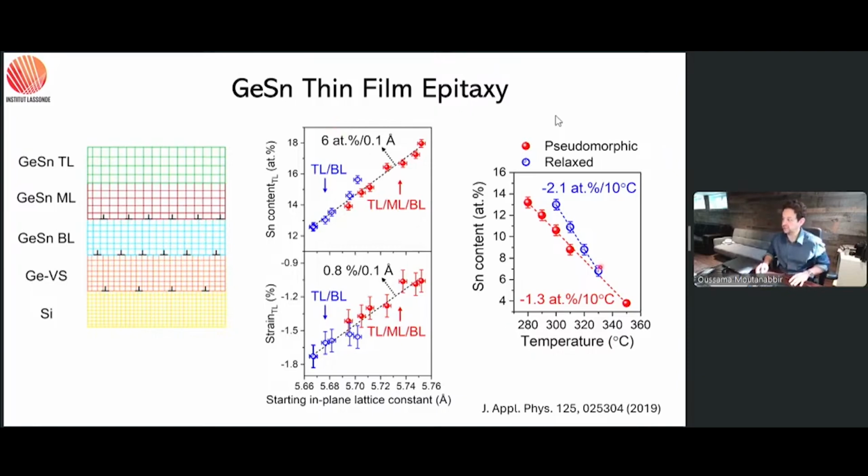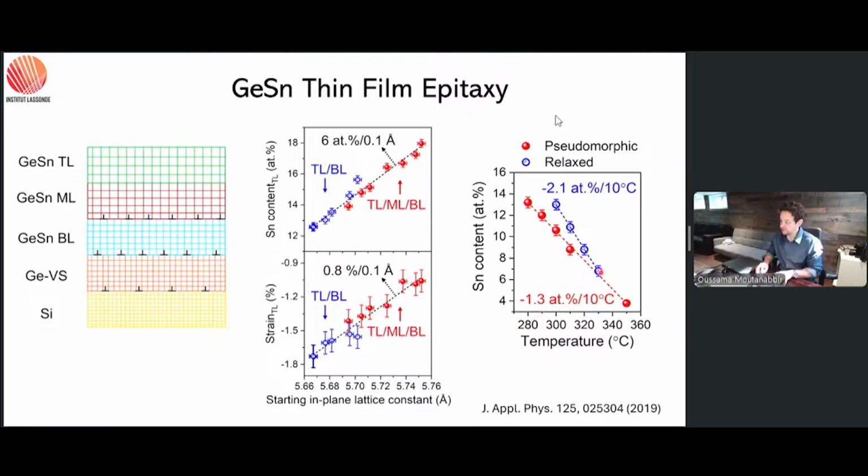And you can have either pseudomorphic or relaxed growth. With pseudomorphic layers, the tin incorporation is about 1.3% for each decrease in substrate temperature by 10 degrees. Typically we grow germanium tin between 280 and 400 degrees.